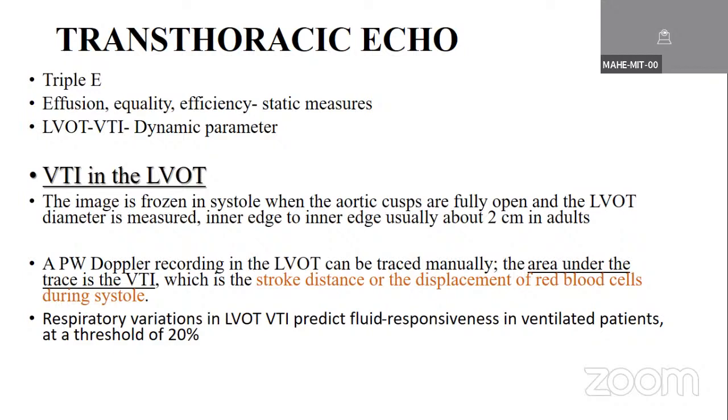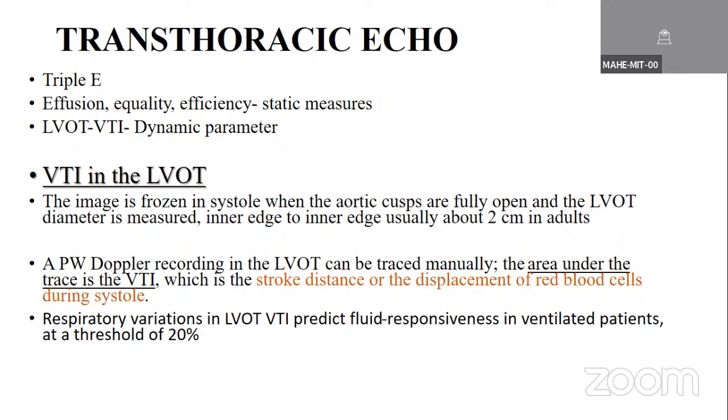First we keep the probe in the parasternal long axis and freeze the image. During systole, when the aortic cusps are fully open, the inner edge to inner edge is measured, that is the LVOT, and pulse wave Doppler is recorded at this LVOT, and the area under the trace is the VTI.